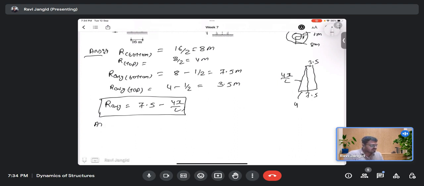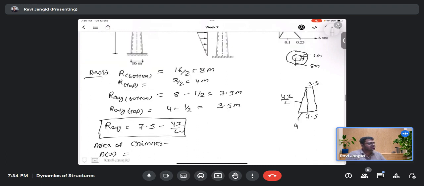The area of chimney, Ax: if I open this hollow circular section, it becomes like a rectangle, which has the perimeter 2 pi r average and the thickness 1 meter.